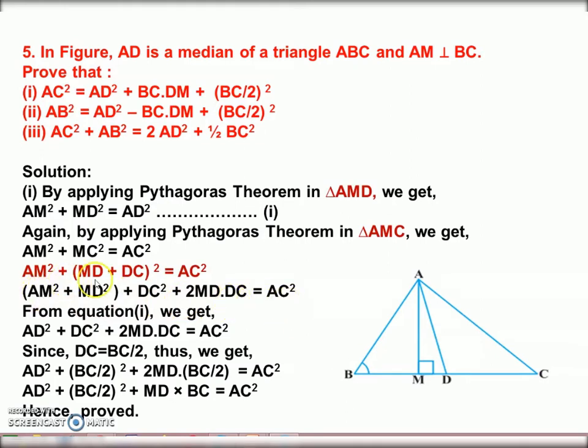Now combine AM square plus MD square together because you know that it is equal to AD square. So this will be replaced with AD square. So AD square plus DC square plus this. Now here DC can be replaced with BC by 2 because AD is the median. So everywhere wherever DC is there, you will replace it with BC by 2 and you will get what is required.